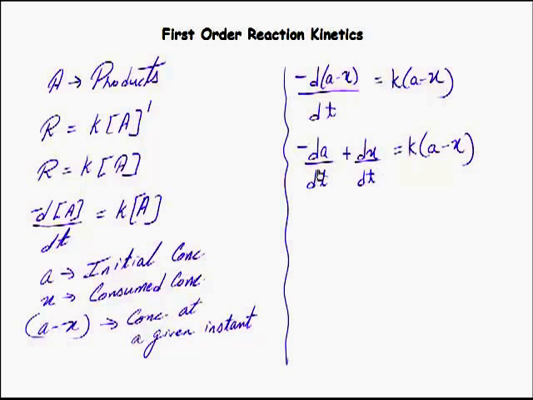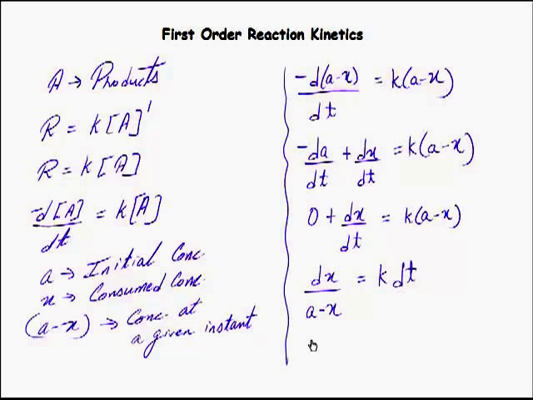Minus da by dt is the rate of change of initial concentration of a with time, which is not a possibility as it is a constant. So therefore the first quantity becomes 0 and dx by dt remains the way it is. And now we can rearrange this and integrate this. So we'll bring all the x terms on one side and the time term on the other side. Now if I integrate this on both the sides, what will I get?